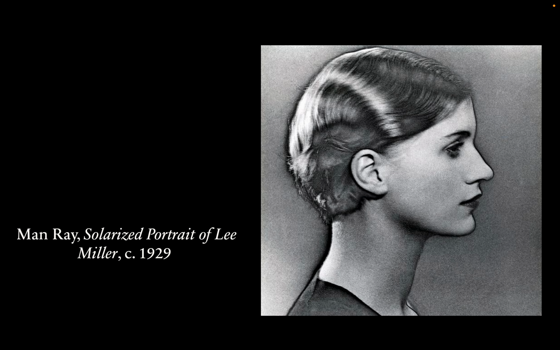So that's what the stop is for. And then you fix it to make it stay. If you take it out of the stop and expose it to light again, it's going to get these sort of dark outlines around things. So the fix keeps that from happening. But it can be done on purpose for artistic purposes.